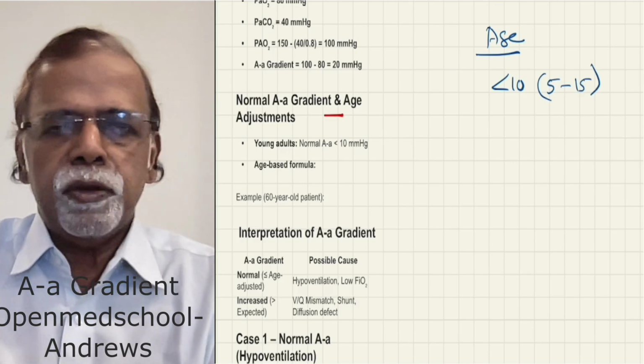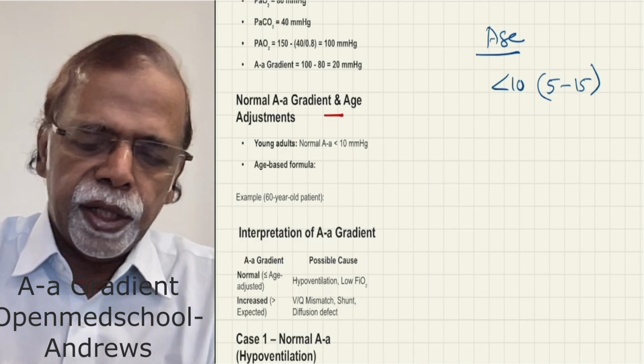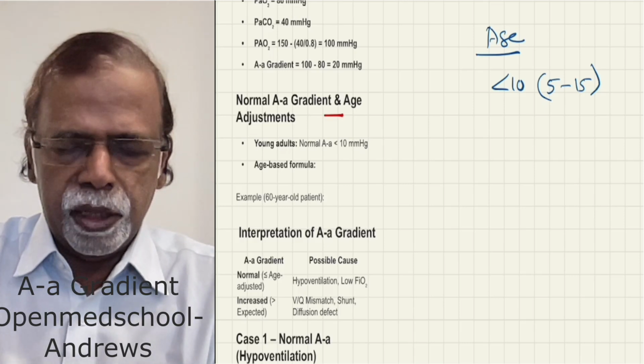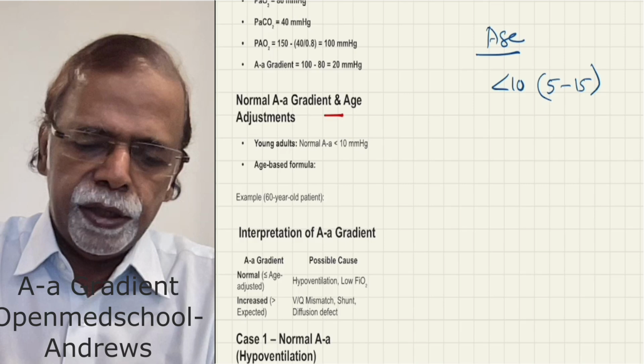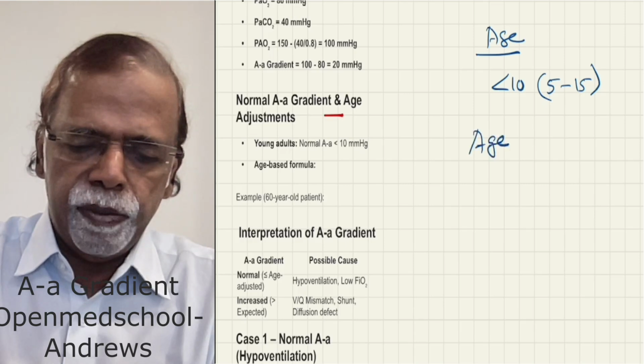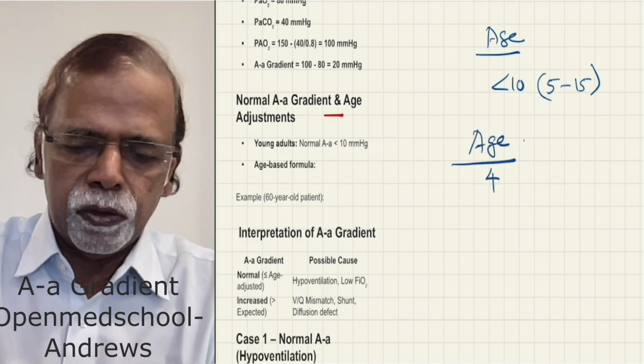There is a simple formula for calculating the AA gradient as per age: age divided by 4 plus 4.